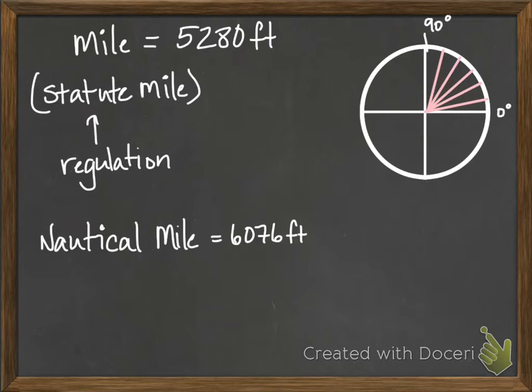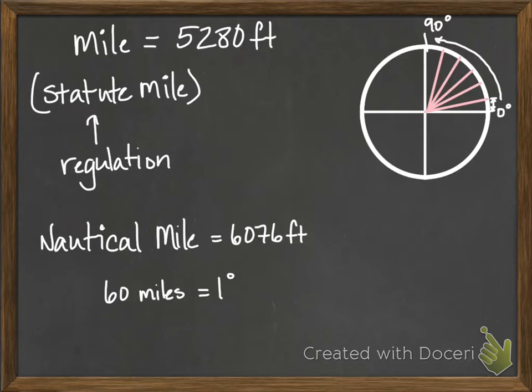So what they did is they took the distance from here to here, and they divided it up. Within a degree, you have a certain distance, and this is how they got the nautical mile. There are 60 nautical miles for every 1 degree. So 60 miles in 1 degree. So then that's going to give us our conversion factor.